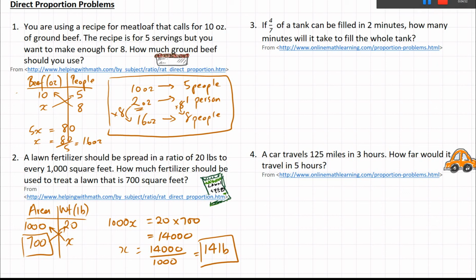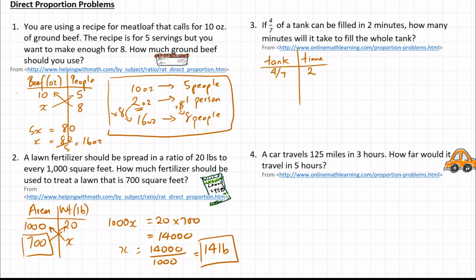So let's have a look at these two examples. We've got, just doing a table again, tank and time in minutes. So a tank can be filled, 4/7 of it can be filled in 2 minutes.